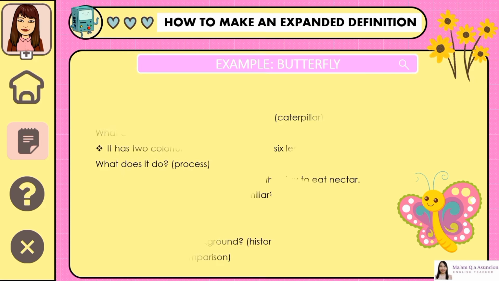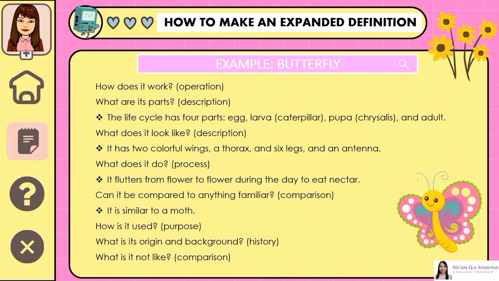Let's have this example. Butterfly. How does it work? What are its parts? The life cycle has 4 parts: egg, larva or caterpillar, pupa or chrysalis, and adult. What does it look like? It has 2 colorful wings, a thorax, and 6 legs, and an antenna.